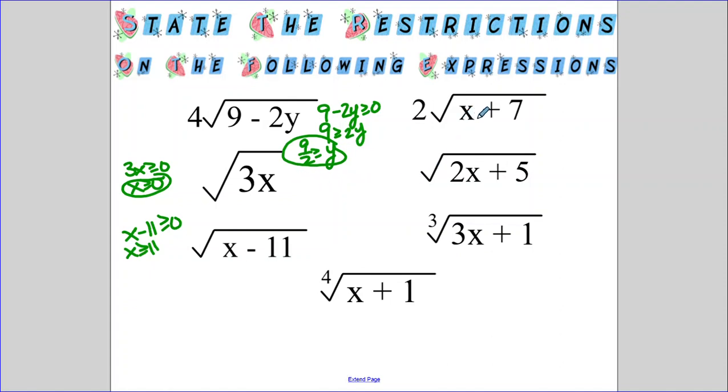In my next one over here, x plus 7 has to be greater than or equal to 0, so that means that x has to be greater than or equal to negative 7.